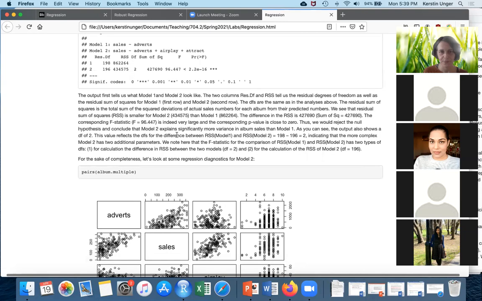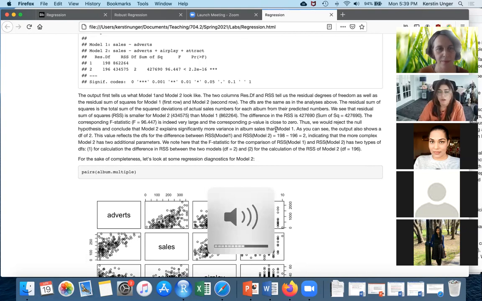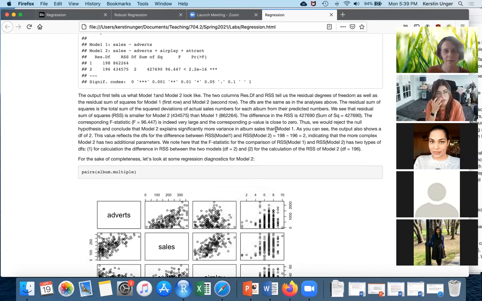Professor? Yeah. When I type in the ANOVA code, I keep getting an error, and I can only do an overall analysis of variance table. What is the error message? It just says that the object's not found for album sales simple, however I have the variables.